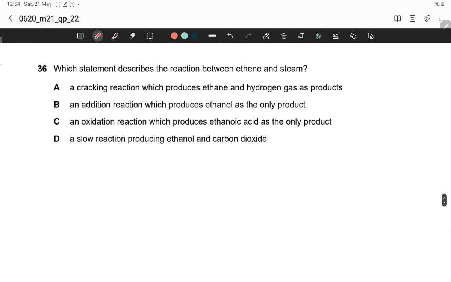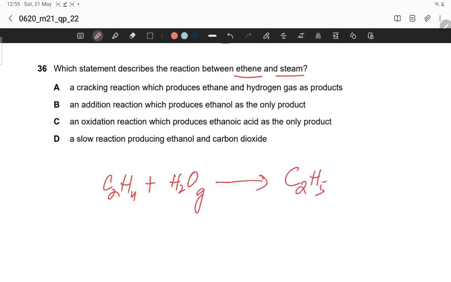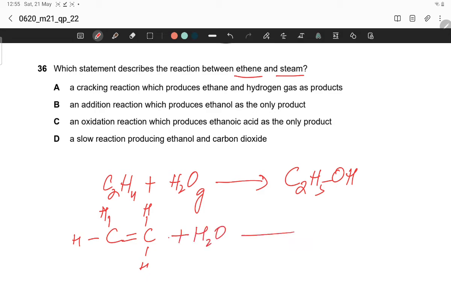Which statement describes the reaction between ethene and steam? C2H4 plus water in the form of steam forms C2H5OH. In this reaction, the double bond is going to break and water is added.